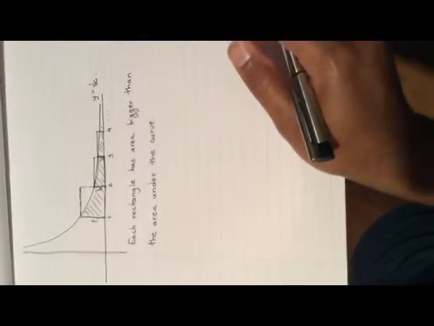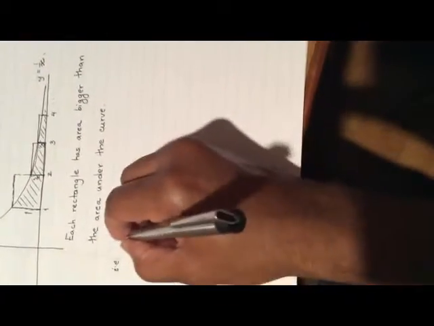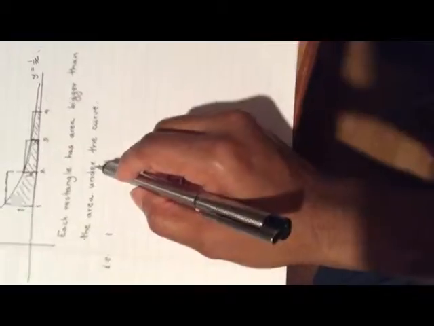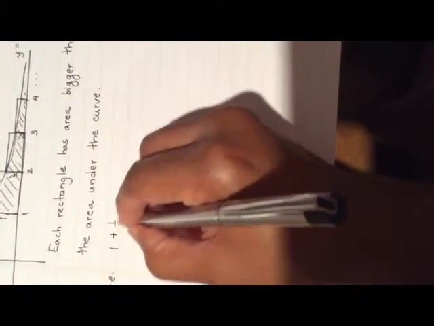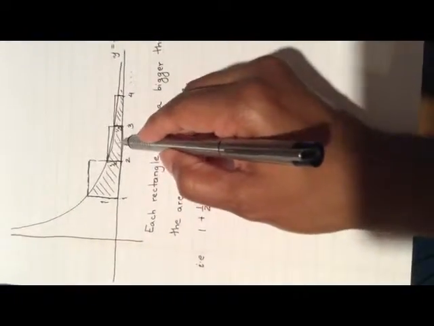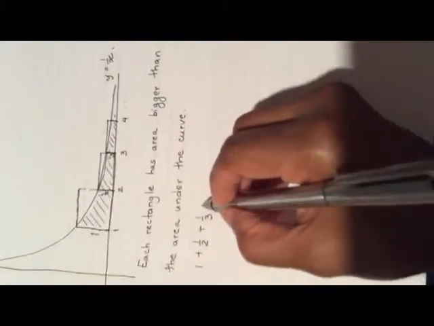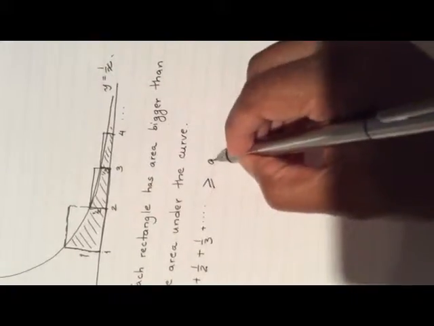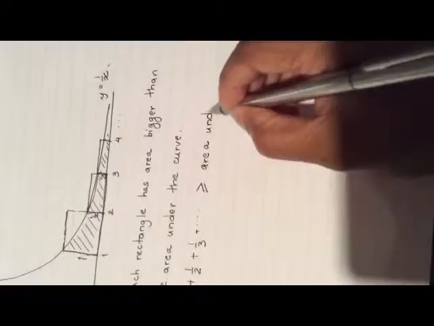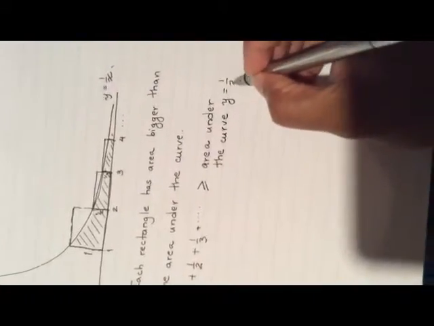So let's write down what this picture is telling us. Okay, so this picture is saying, i.e., 1, which is the area of this rectangle, plus 1/2, which is the area of this rectangle, plus 1/3, which is the area of this rectangle, dot, dot, dot, is bigger than or equal to the area under the curve y equals 1 over x.